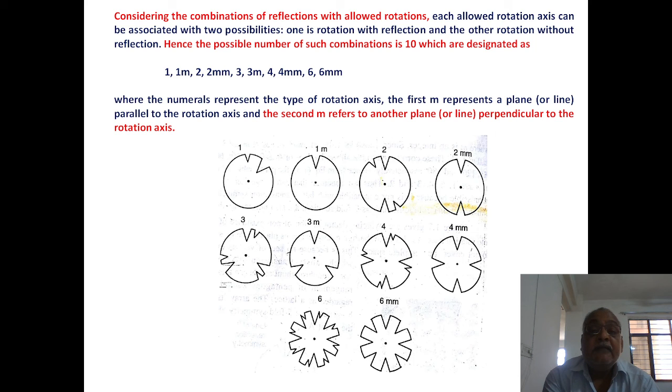And the possible number of combinations is 10, which is designated as 1, 1m, 2, 2mm, 3, 3m, 4, 4mm, 6, 6mm, where the numeral value represents the type of rotation axis.